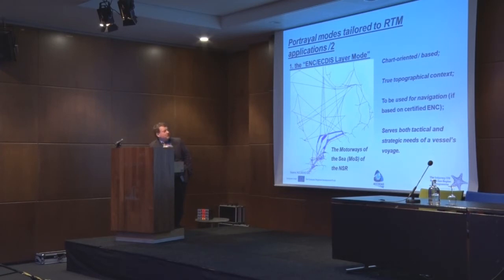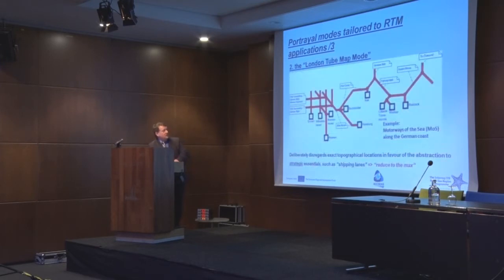This is from this work we did in the ACCSEAS project, the proposal to have the North Sea region route topology model in the ENC fashion. So it can be zoomed in, and of course each node has a coordinate and it can be retrieved by that. Now this is a sample of how a London tube map may look like.